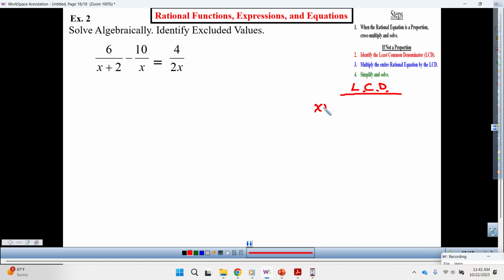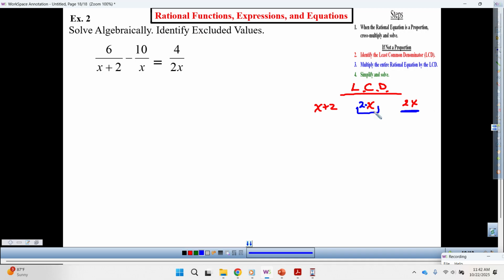So what are my denominators? My first one is x plus 2. What is my other one? The other one is x. And what is the other one? 2x. So first things first, we need to find the common denominator for the smallest ones. Look up please, or you're going to miss it. What does this denominator need from this one? 2.